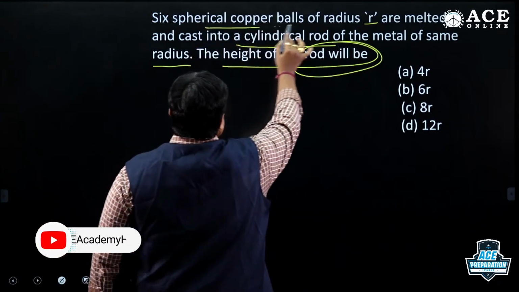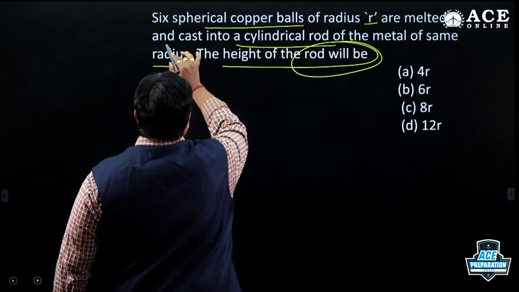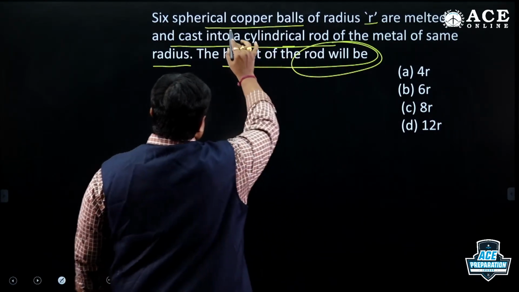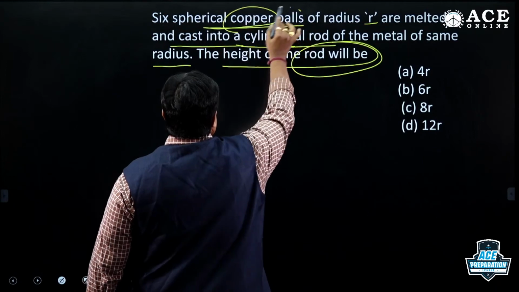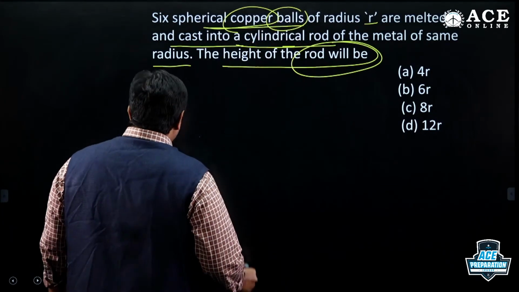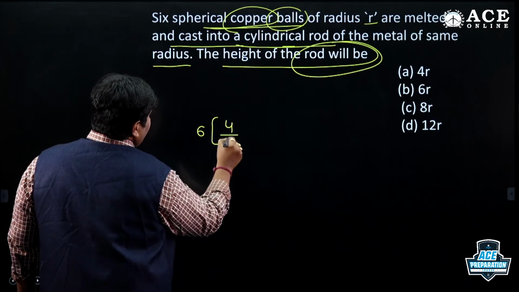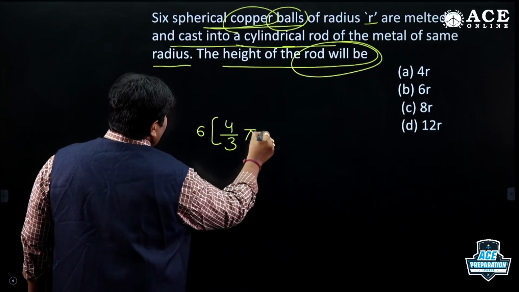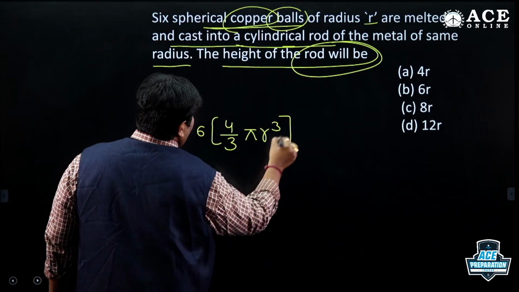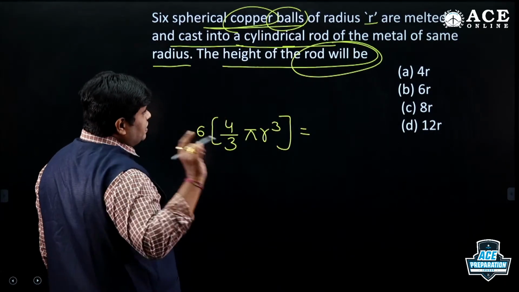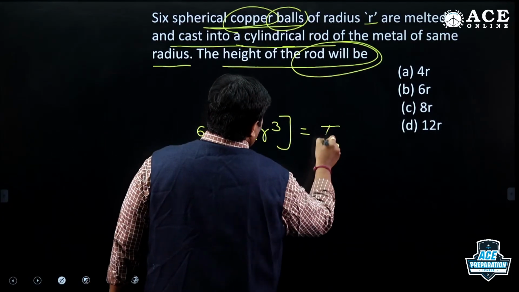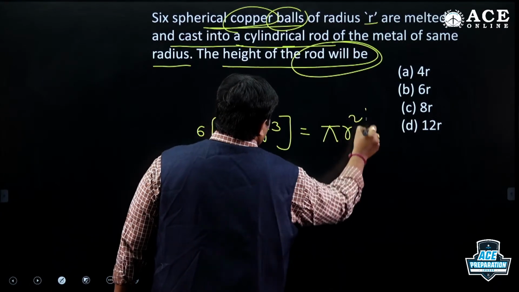6 spherical copper balls are melted and cast into a cylinder. So spherical copper balls, sphere. So 6 into sphere volume, 4/3 pi r cube. Cylinder, radius should be the same, pi r square h.